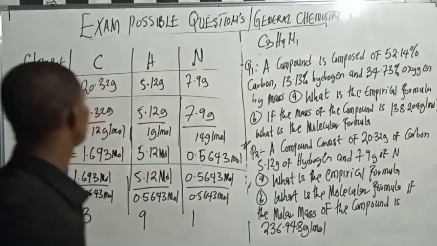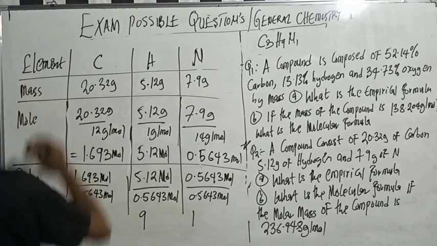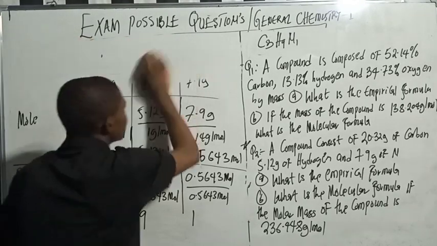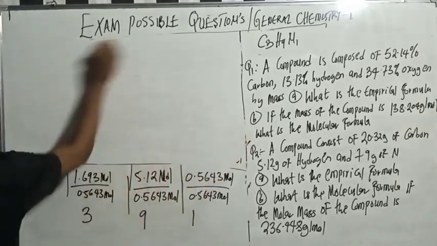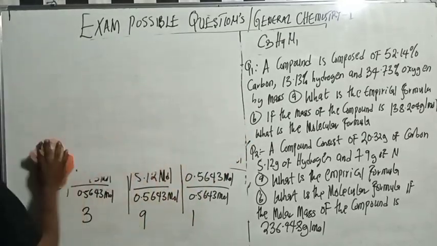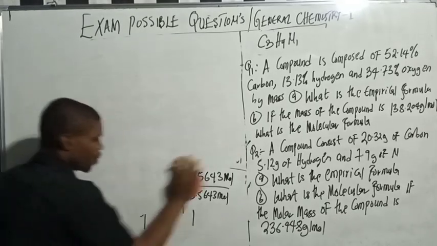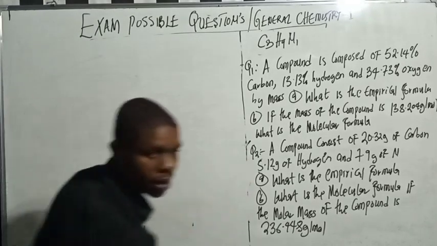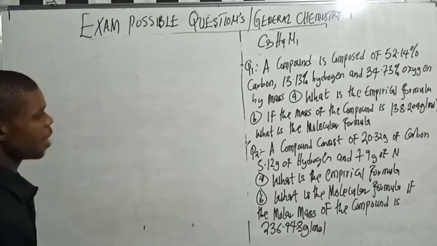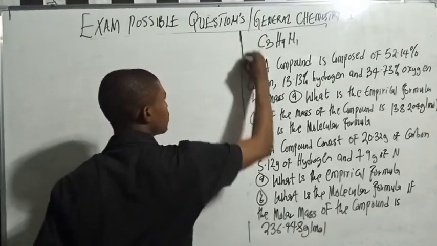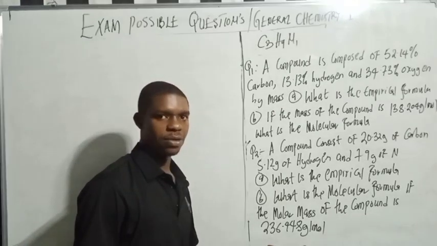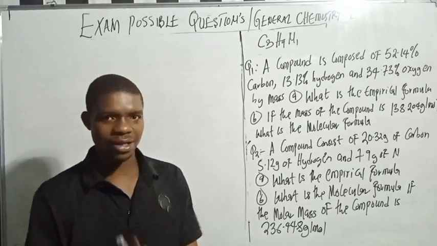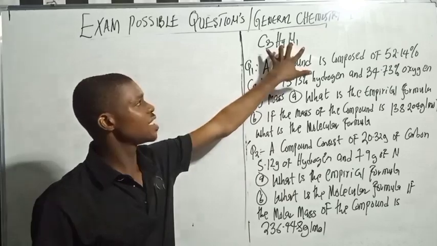The next thing you want to do is get my molecular formula. Remember, to get the molecular formula, I know the molar mass of the entire compound, but I only know the simplest formula here.